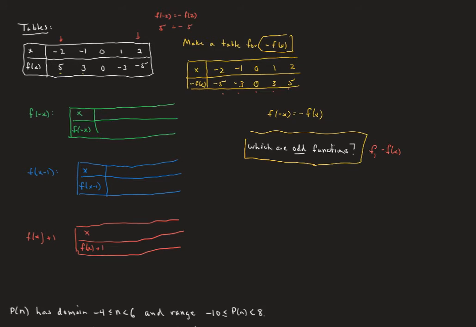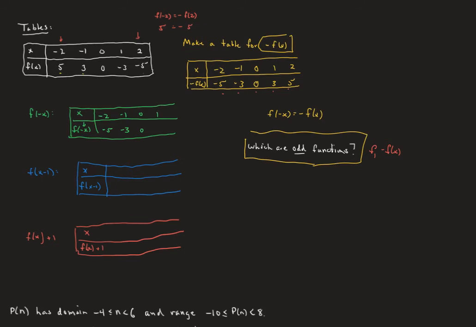Now plugging in the f of -x, so if we plug in -2, then what we actually evaluate is f of +2, and f of +2 is -5. When we plug in a -1, what we actually evaluate is f of +1, that's going to be a -3. And plugging in 0, f of -0 is still the same thing.